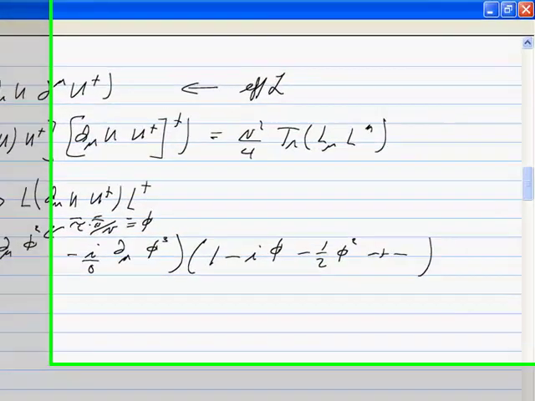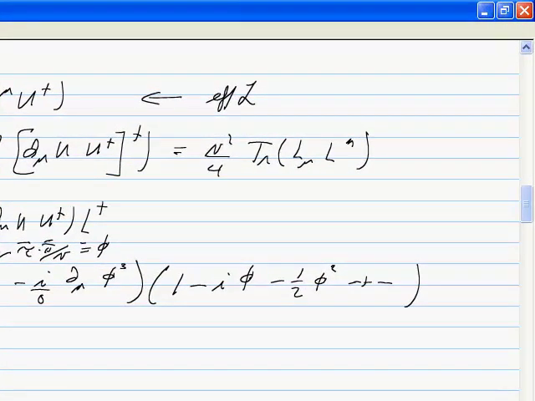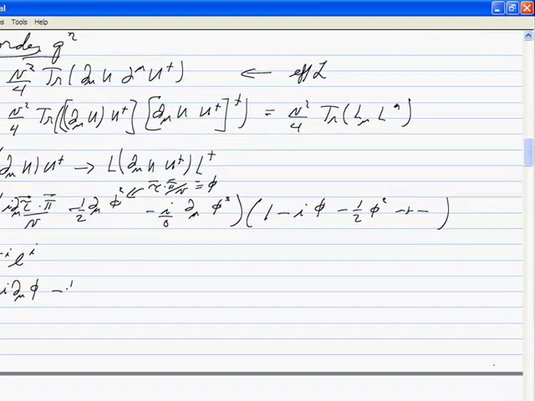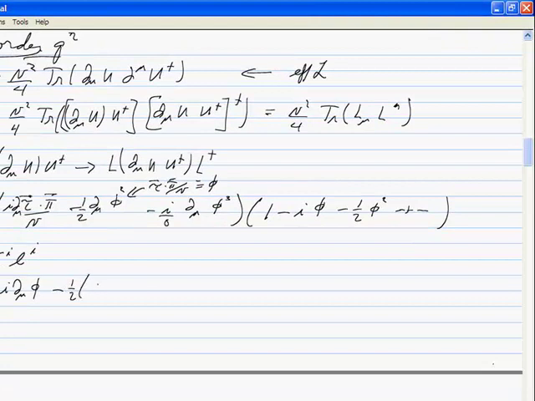Let's just work out the next term just to see how it works out. Then I have minus 1/2 phi d mu phi plus d mu phi from that term.